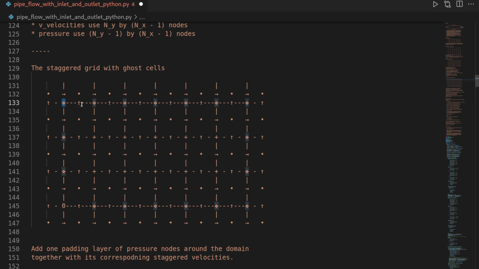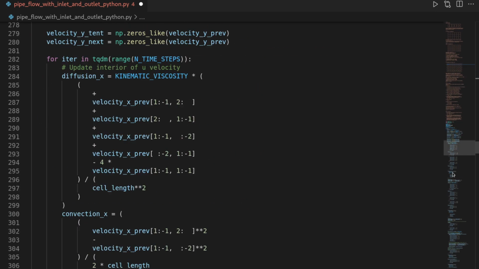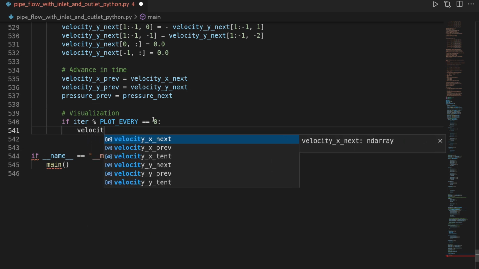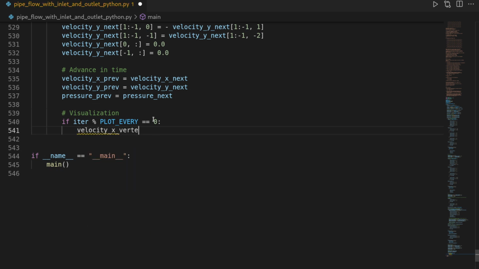So we will just move them to the mesh vertices by averaging. And we can do that for the x components by averaging in y direction, and for the y components by averaging in x direction. So I want to call this velocity x vertex centered instead of staggered.